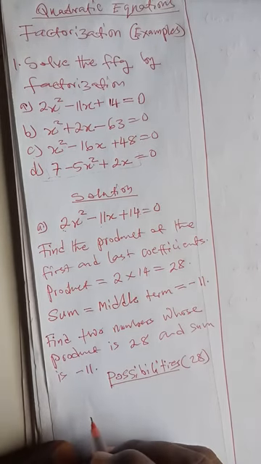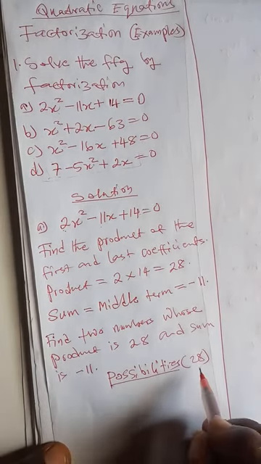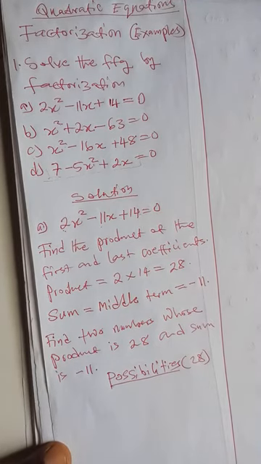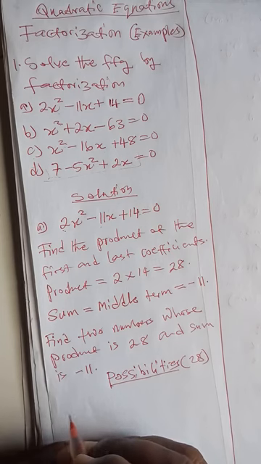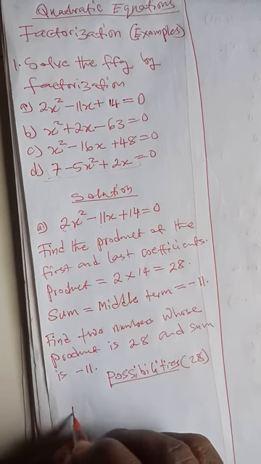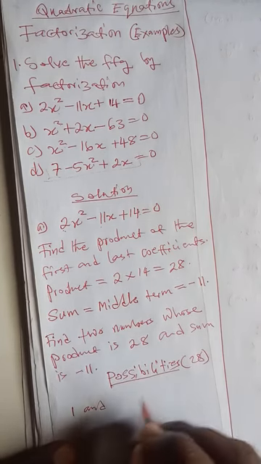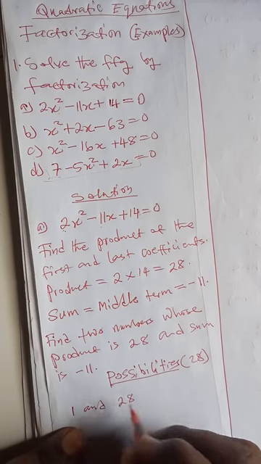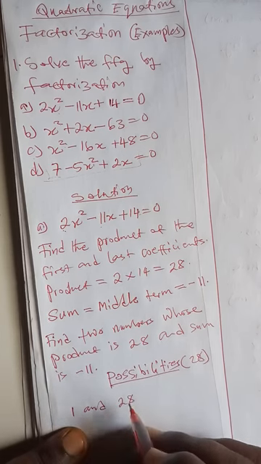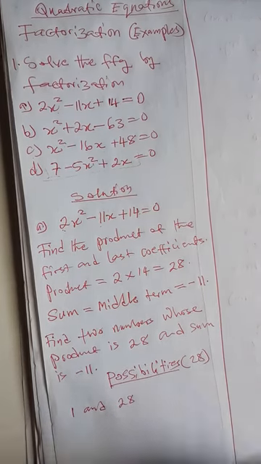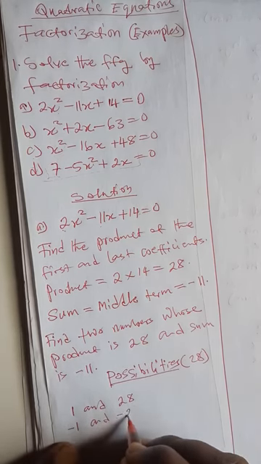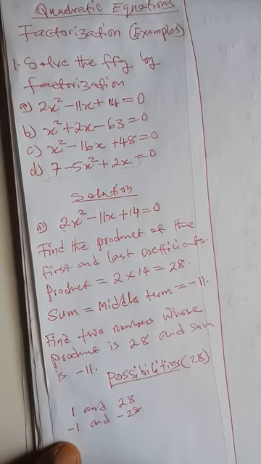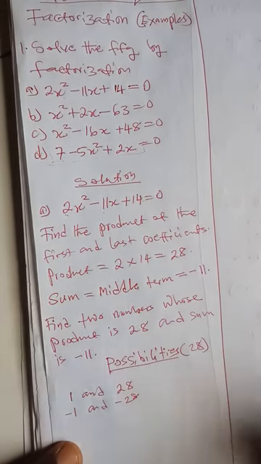All right, I'll start off. What are the factors of 28? All the factors of 28 have to be considered here. I start with the first factor of 28, which is 1 and 28. If I multiply 1 by 28, I get 28, so it is a possibility. If I multiply minus 1 and minus 28, I get 28 also, because minus times minus is plus.